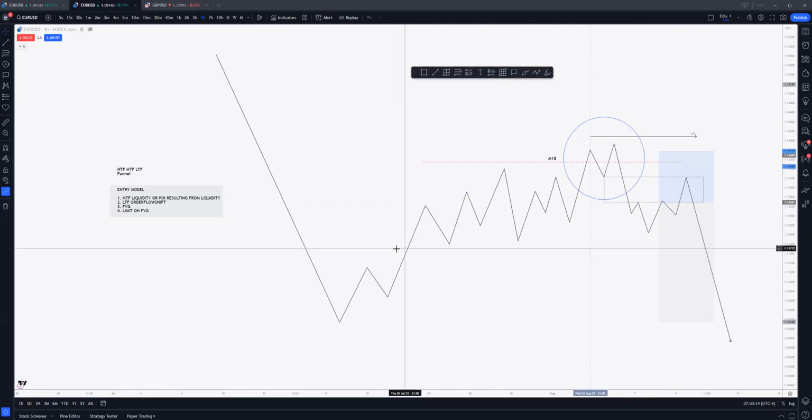Any other questions? So, just from a 4-hour perspective, are you finding an FVG within an FVG? I mean, that could be the case, but I don't really like stacking FVGs. The main goal here for us is to be tracking order flow.